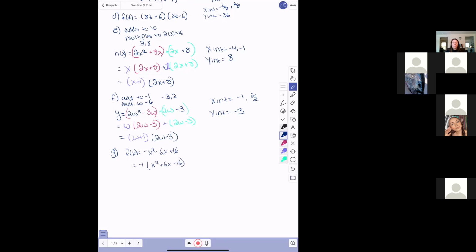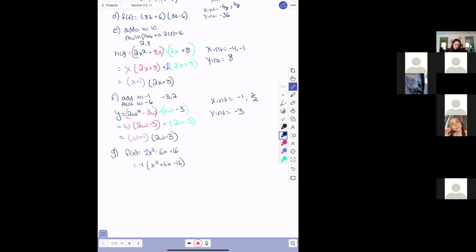Does everyone understand why we can't factor the same way that we did for the first two problems? No. Is it a negative? Good, because there's a -1 here. So there's a coefficient that's not just 1. So we have to get rid of that negative. To get rid of it, we just factor a -1 out.